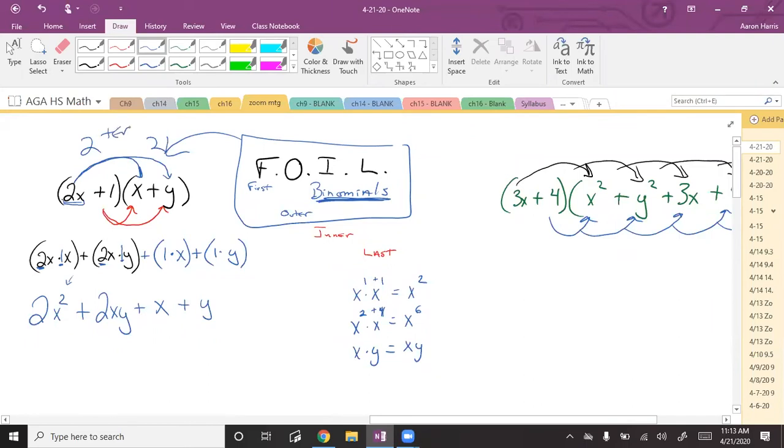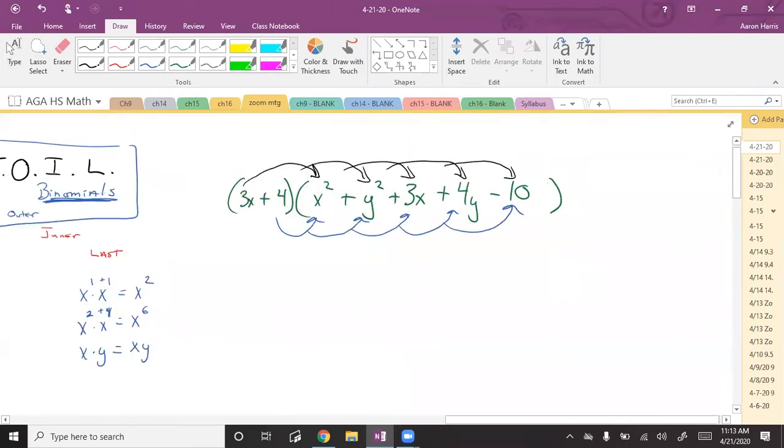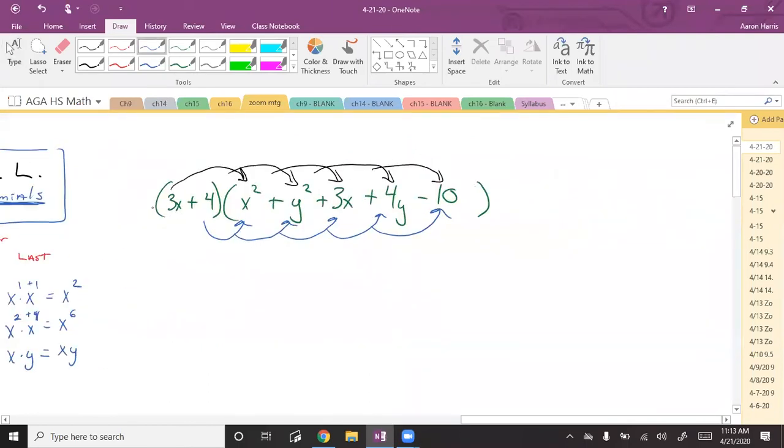Okay. How many terms are in this first one? 2. Good. How many terms are in the second one? 5. Good. So this is just a polynomial, right? Because it's multiple terms. Poly means multiple.